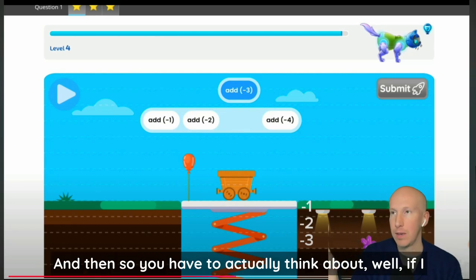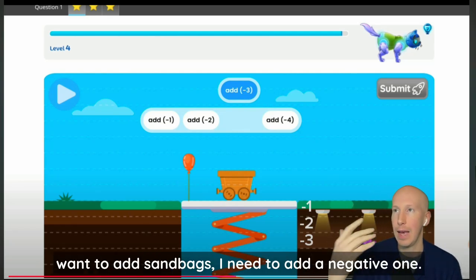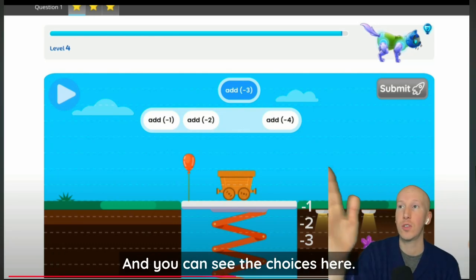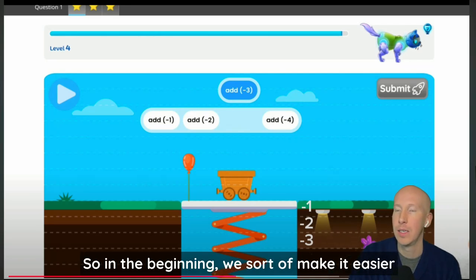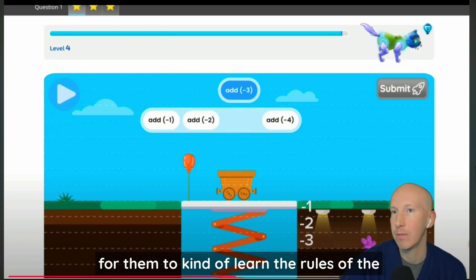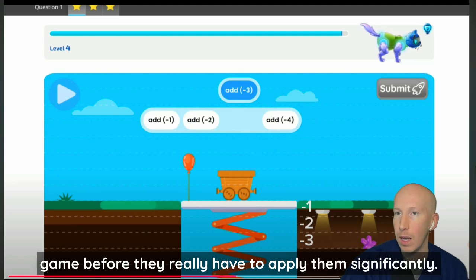You have to actually think about, well, if I want to add sandbags, I need to add a -1. And you can see the choices here. They have to add negative no matter what. So in the beginning, we make it easier for them to learn the rules of the game before they really have to apply them significantly.